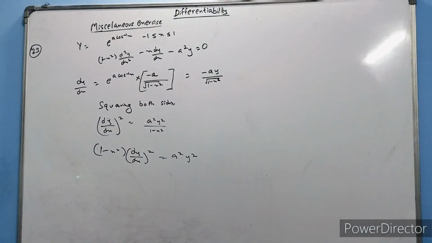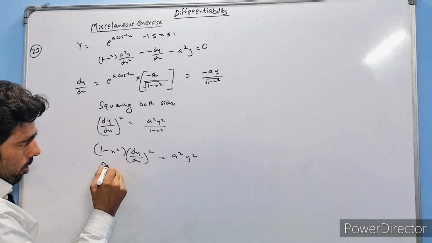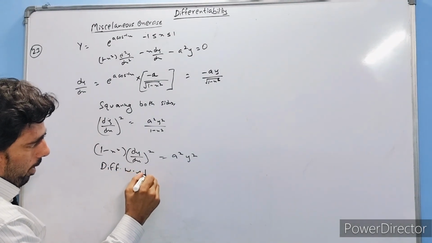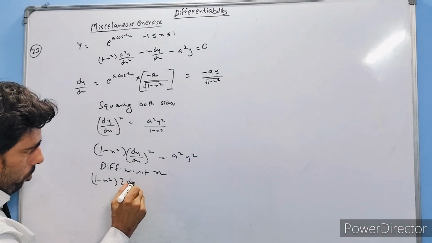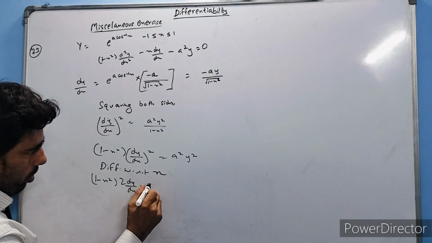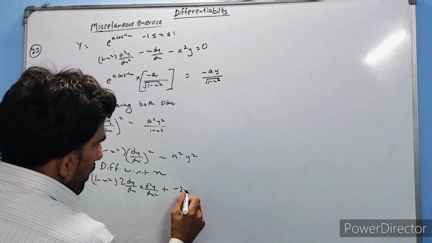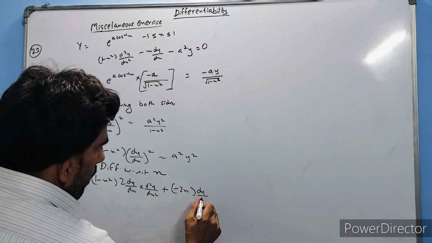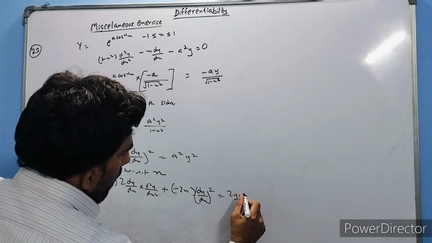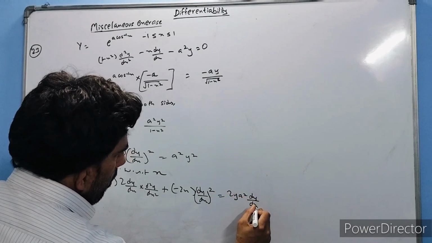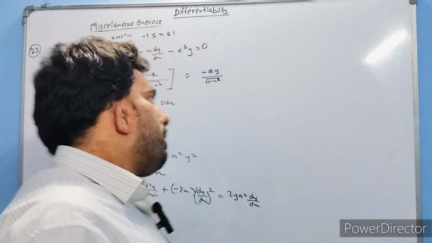Okay, so now we try to differentiate it with respect to x. We have (1 − x²) into 2 into dy/dx into d2y/dx², plus minus 2x into (dy/dx) whole square, is equal to 2 into y into a² into dy/dx. So here I have applied the product rule to differentiate.